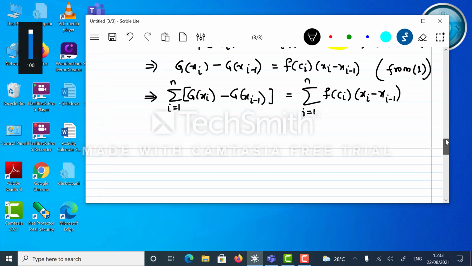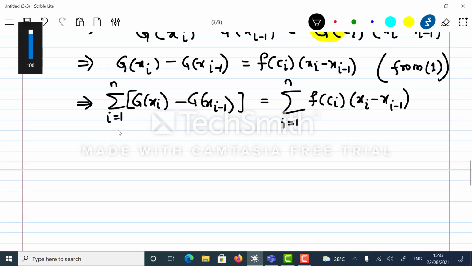But then we know what the LHS is, because this is a telescopic sum, so all the alternate terms will get cancelled.